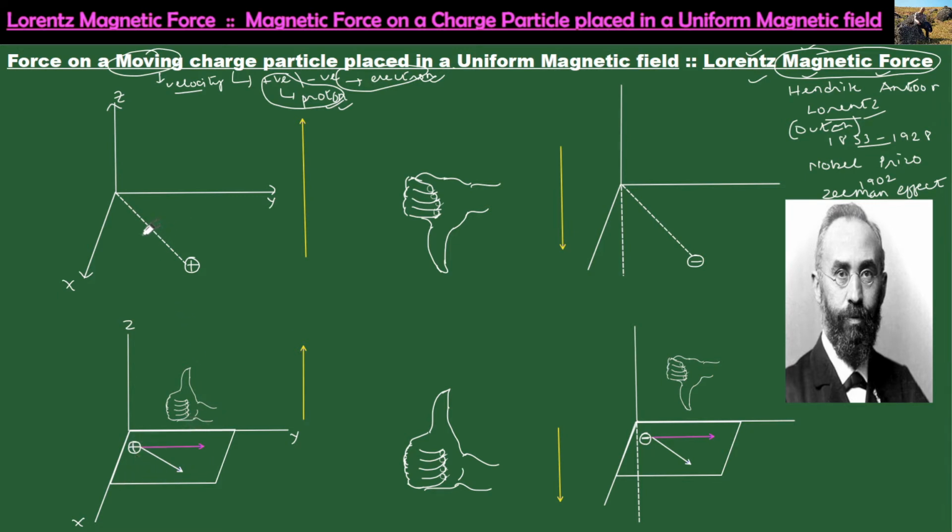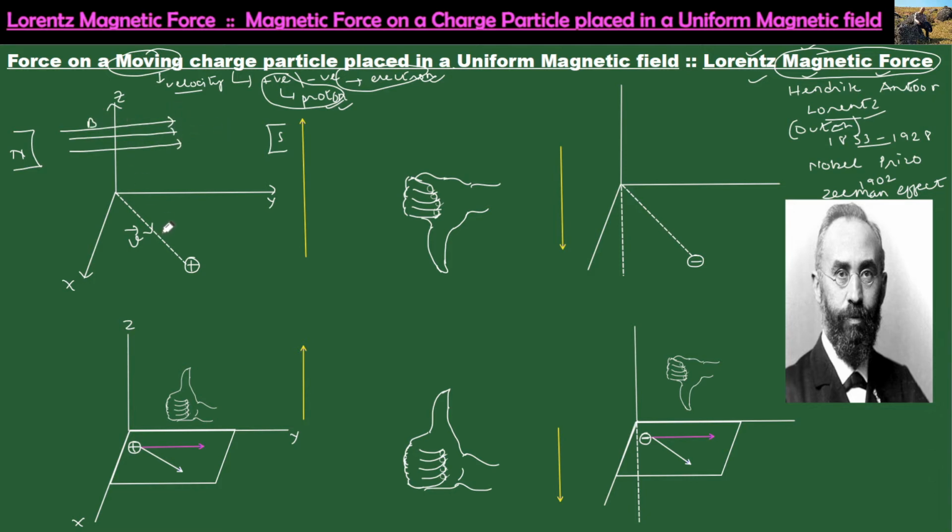Let this particle be moving with a certain velocity in the direction of the applied field. Suppose I have a magnet at one end and a magnet at the other end. Then there will be magnetic field lines produced by the magnet, emanating from the north pole and going to the south pole.